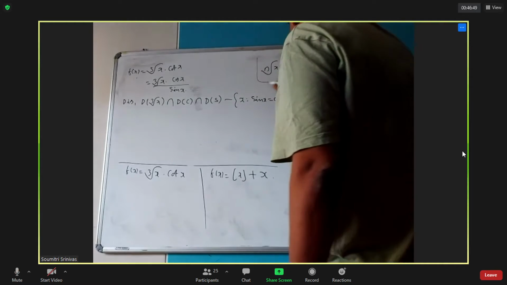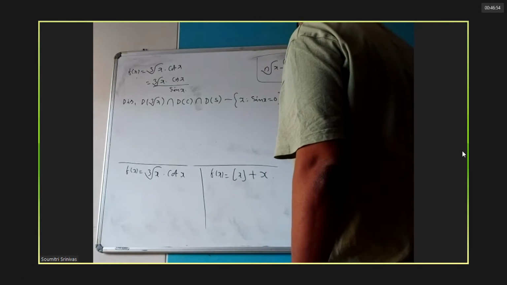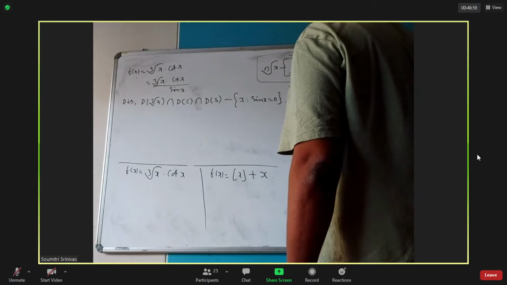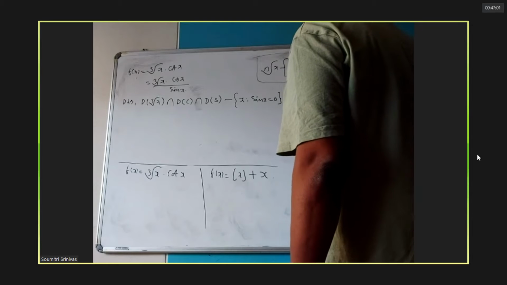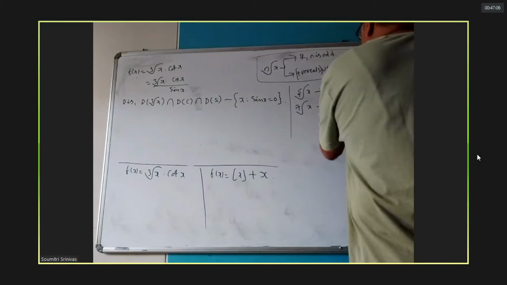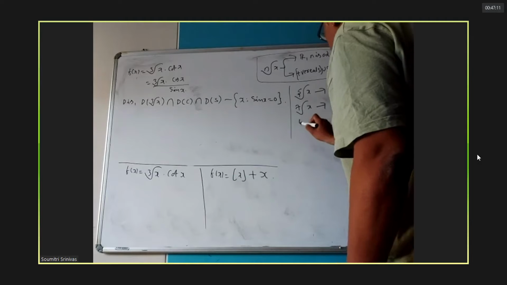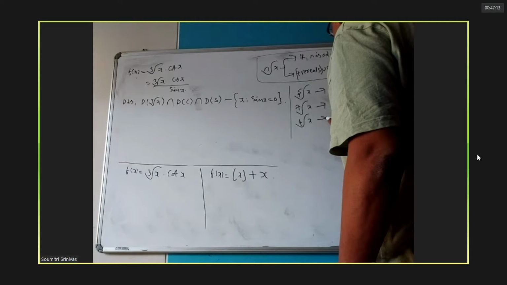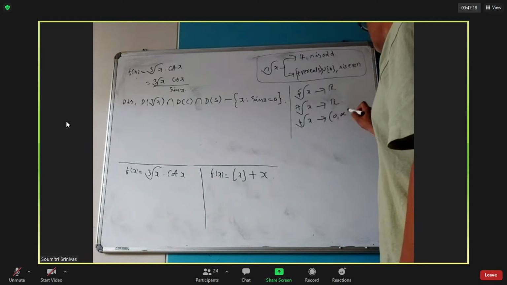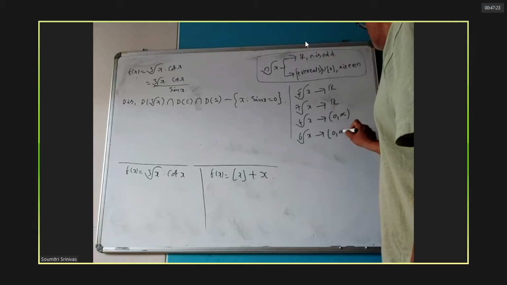What am I trying to say? Fifth root of x. What's the domain? All real numbers. Seventh root of x. All real numbers. Fourth root of x. Only 0 to infinity. Sixth root of x. Only 0 to infinity.